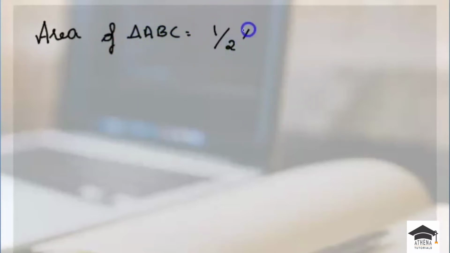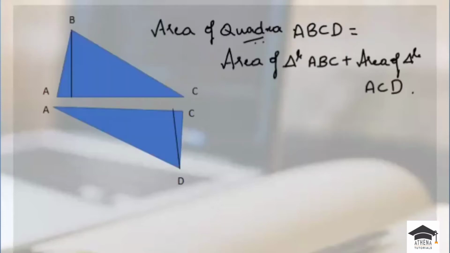What is the formula to find the area of a triangle? That is half into base into height. Do we know the values of base and height? Let's check. This is the base of this triangle and this will be the height. Yes, they have given AC is the diagonal and it is of length 24 meter.